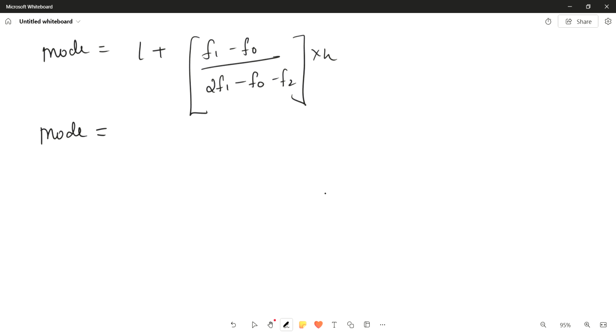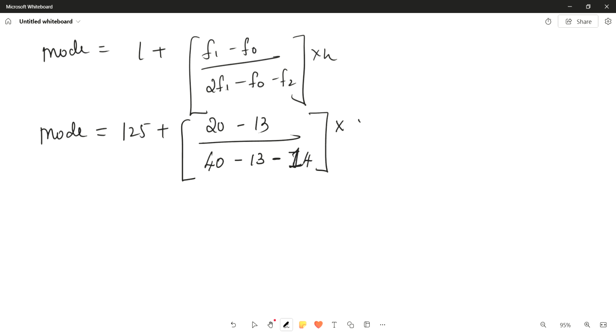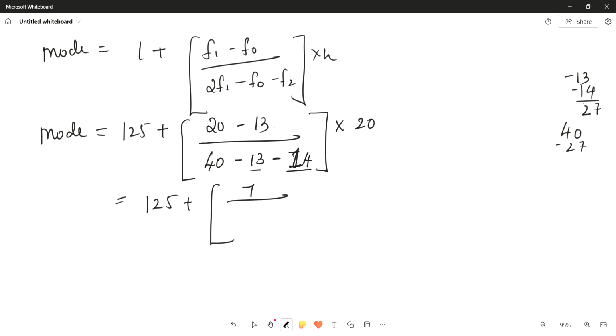L is 125 plus F1, it is 20, minus F0, 13, by 2 times F1, that is 40, minus F0, 13, minus F2, 14. So this is 125 plus 7 by 40 minus 13 minus 14. So you will get 40 minus 27, so 13 you will get.